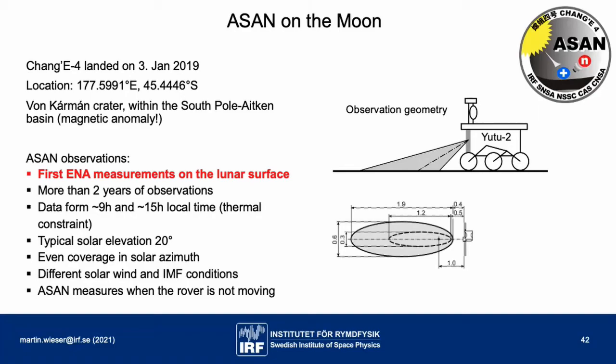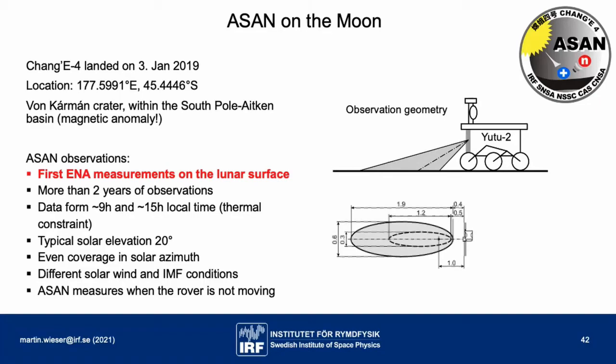ASAN observations provide the first ever ENA measurements on the lunar surface. Since landing, the instrument has been operating typically twice per lunar day, due to thermal constraints from the rover, and it collects on average maybe 3 or 4 hours of data per lunar day.